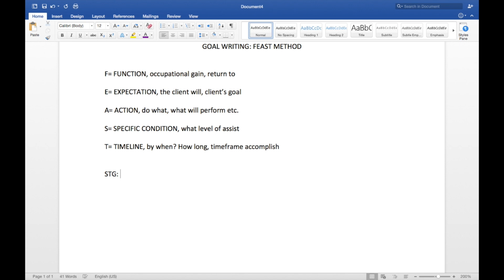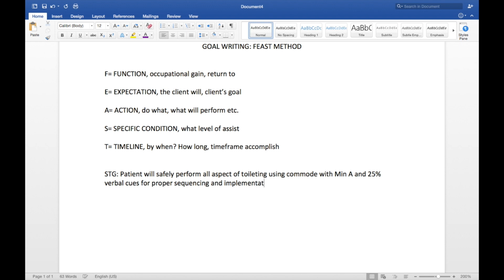So for a short-term goal, let's say: patient will safely perform all aspects of toileting using commode with min-assist and 25% verbal cues for proper sequencing and implementation of safety techniques.